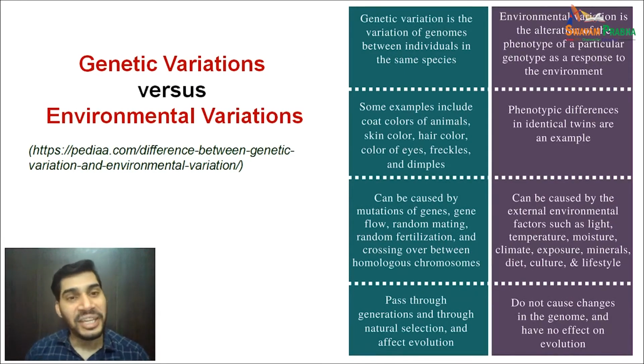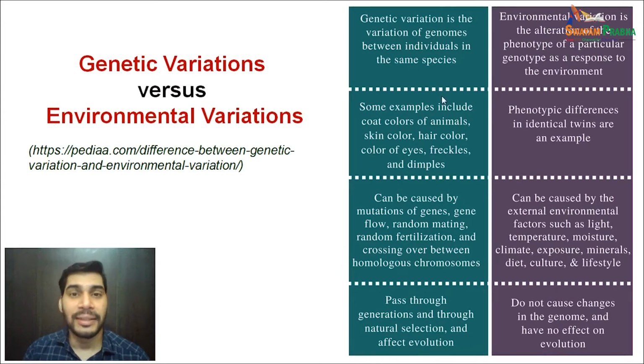Now, genetic variation is different from what we call environmental variation. Genetic variation is the variation of genomes between individuals in the same species, whereas environmental variation is the alteration of the phenotype of a particular genotype as a response to the environment.